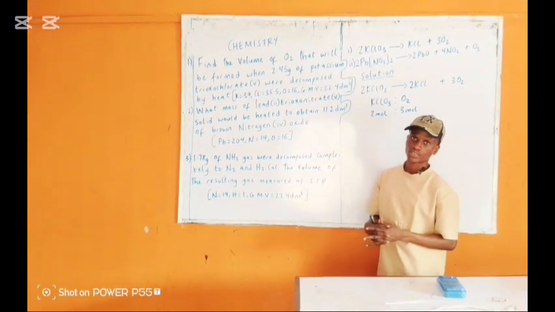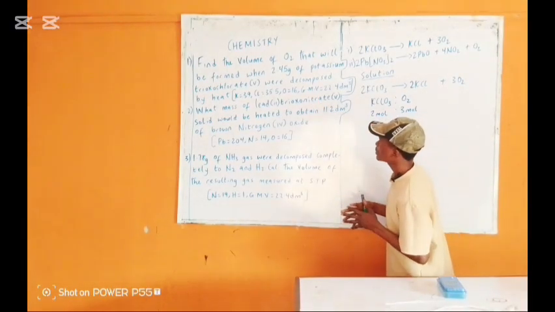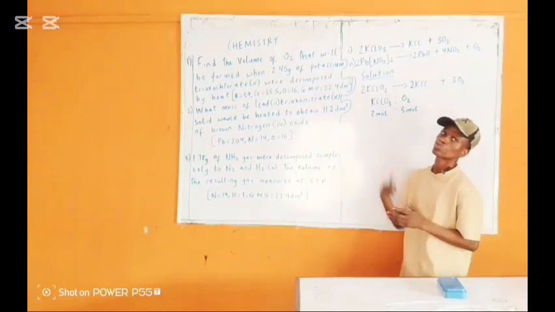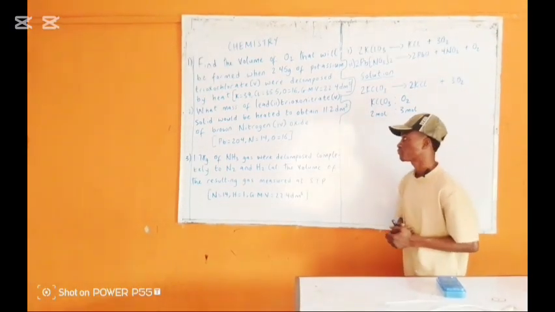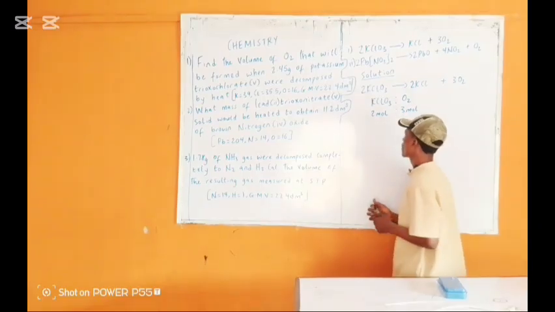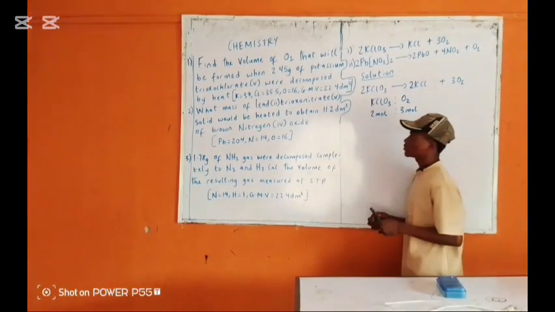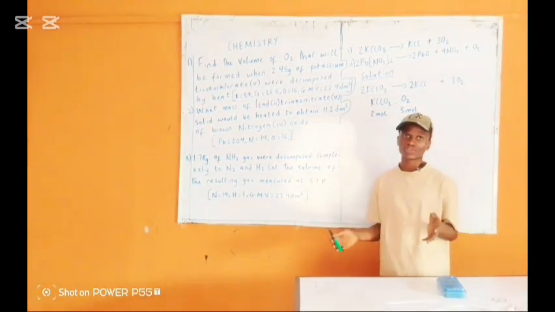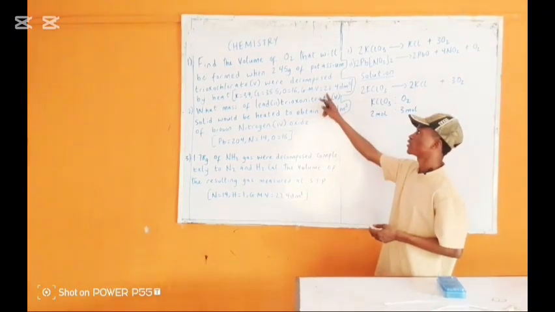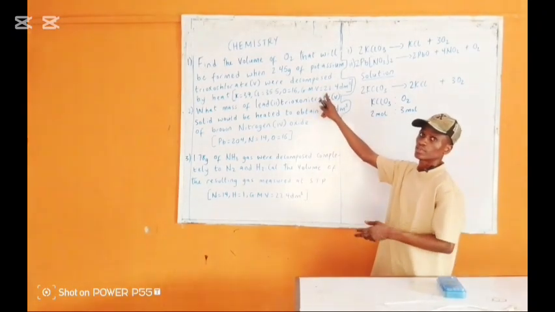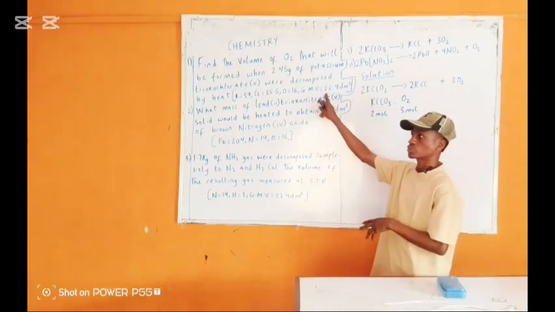So it means that we are converting mole to what? To volume. We are converting mole to what? To volume. So to volume, now is it at STP or at RTP? From the value we have here, it will be STP.